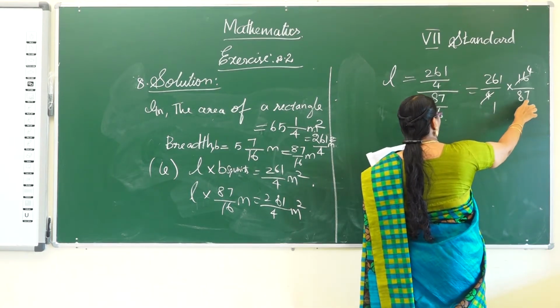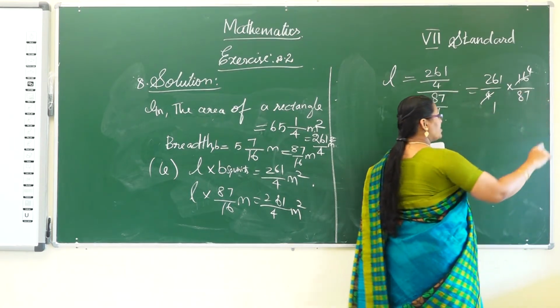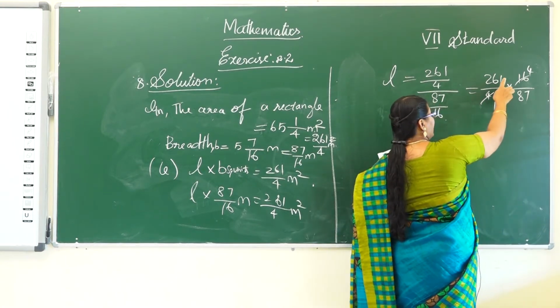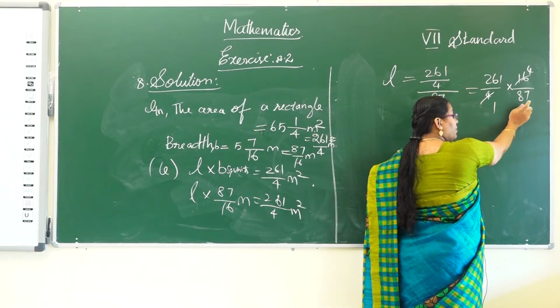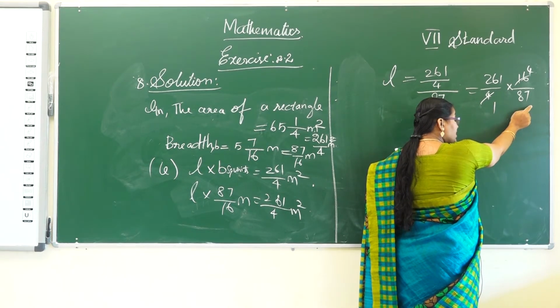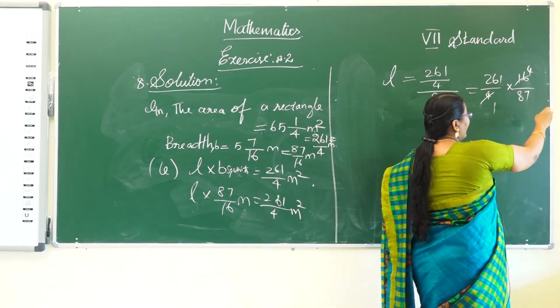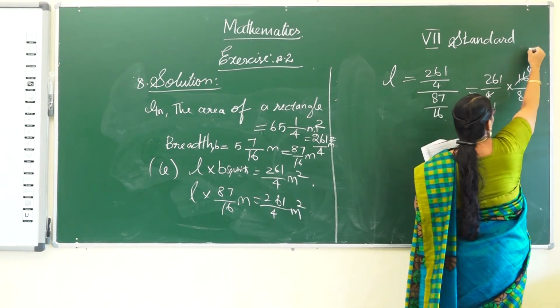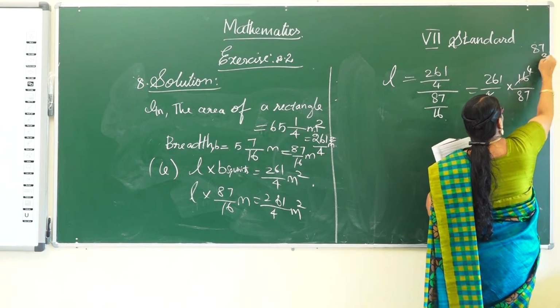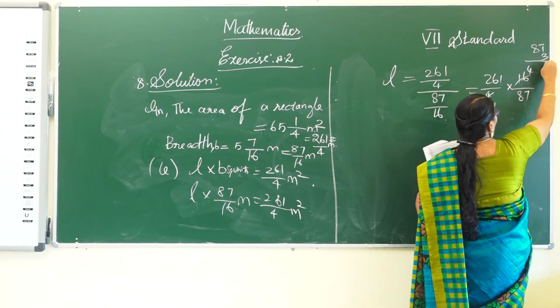Here 87: which number multiplied by the ones place 7 gives 1 in the ones place? You will check. 3 times 7 is 21, so the ones place is 1. So 87 multiplied by 3, 3 sevens are 21.